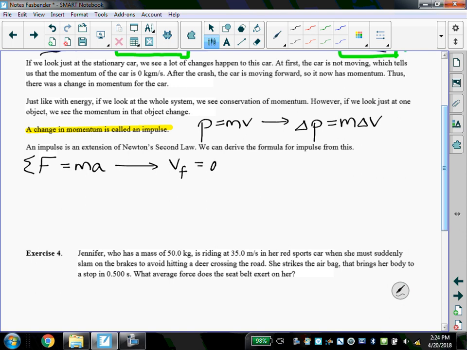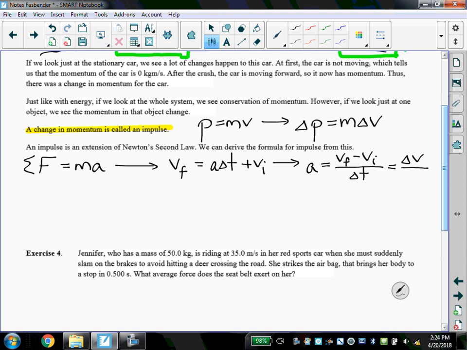Using our knowledge of kinematics, we could think of Vf equals a delta t plus Vi, and we could rearrange that in order to read as acceleration equals Vf minus Vi divided by delta t. Okay, so Vf minus Vi over delta t is just a rearrangement of Vf equals a delta t plus Vi.